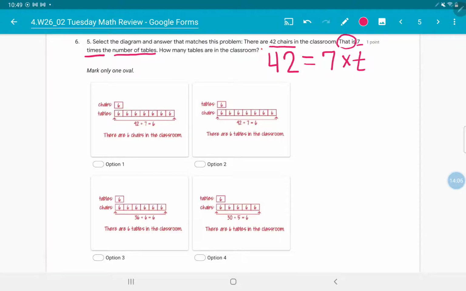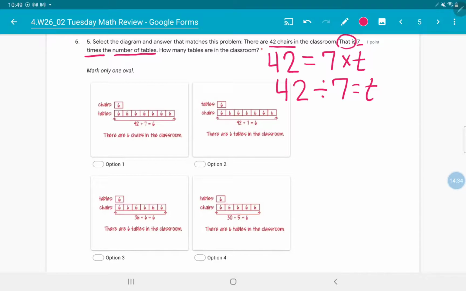So I can do 42 divided by what? 7. That's the same as 42 divided by 7. I just used the opposite operation to turn that around.